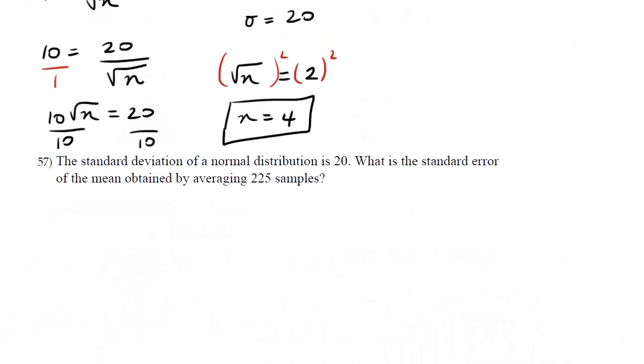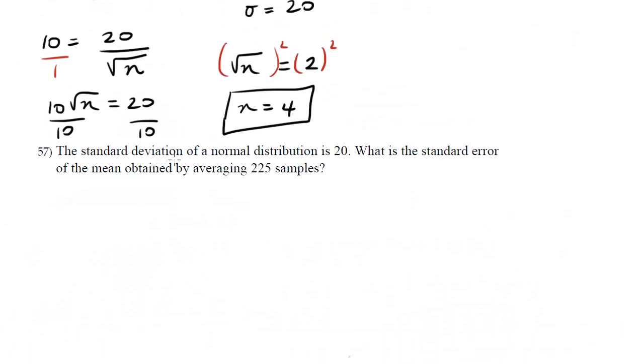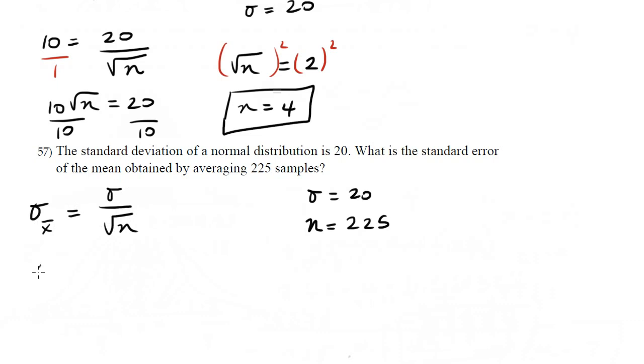57. The standard deviation of a normal distribution is 20. What is the standard error of the mean obtained by averaging 225 samples? That's my n. So we want the standard error of the mean. That's sigma divided by the square root of n.